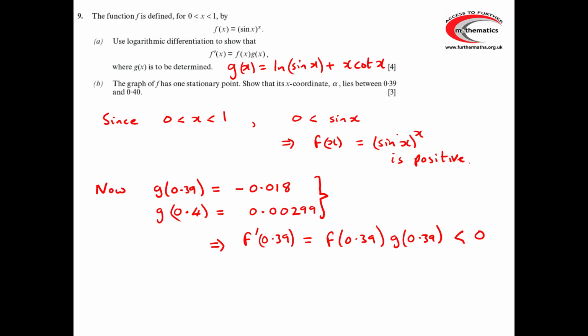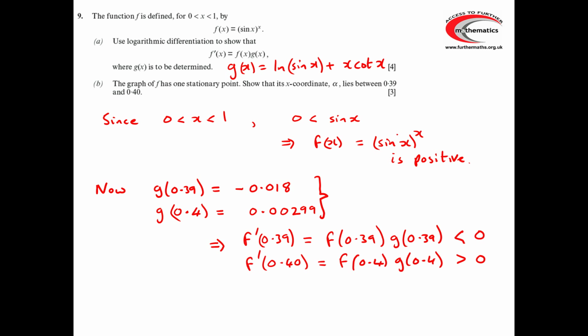So f dash 0.39 is f of 0.39, which we know is a positive number, times g of 0.39, which we know is a negative number. So we've got a positive times a negative, which is definitely a negative number. So we know that f dash 0.39 is definitely a negative number.